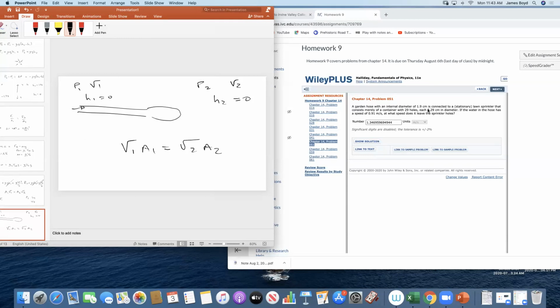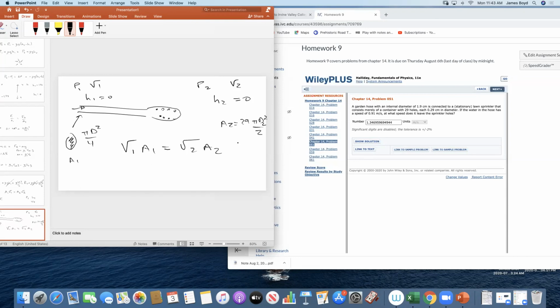They gave us the area of the hose internally, but they gave it as a diameter. So this is pi d squared over 4. That's the area here at 1. And then they said that there were 29 little holes, each with a diameter of whatever. So the area 2 has to be 29 times each of those little holes.